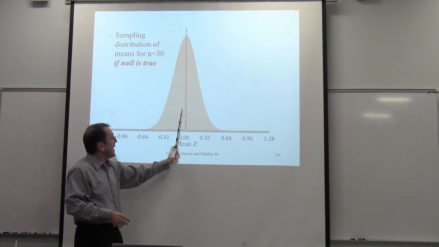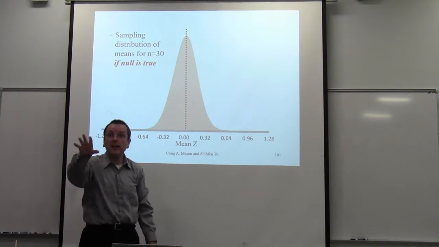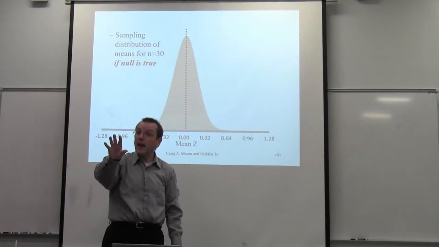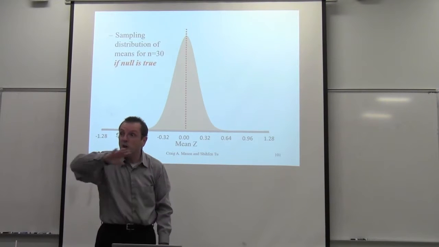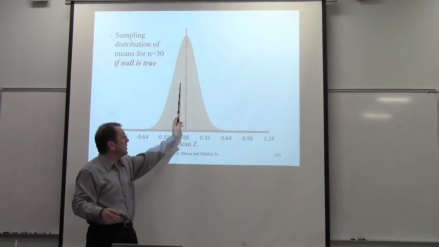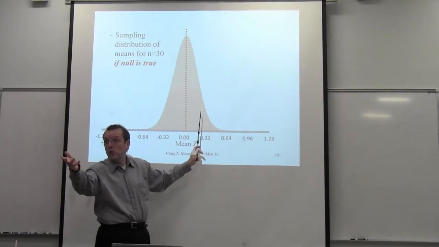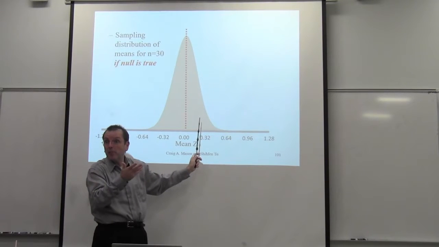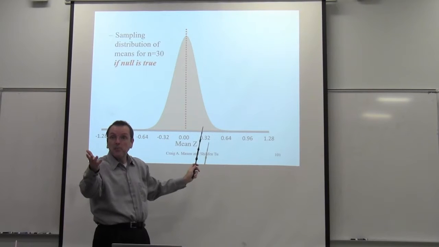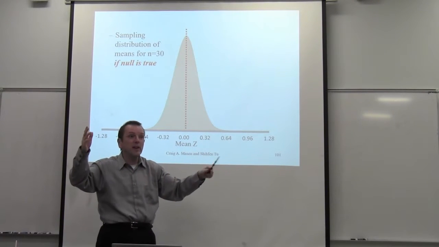You can think of it: if the null hypothesis is true, and I sample 30 kids, and the intervention has no effect at all, then on average the mean score for this sample of 30 kids is going to be 0, because the population average is 0. On average. But there's random sampling variation.